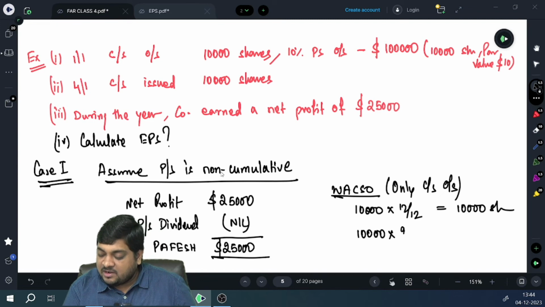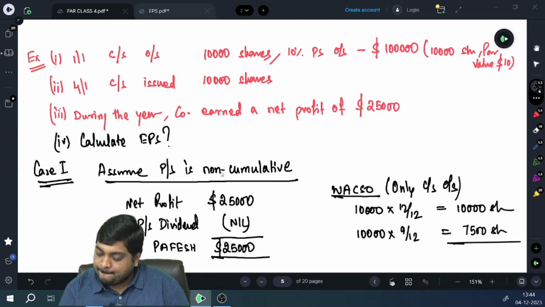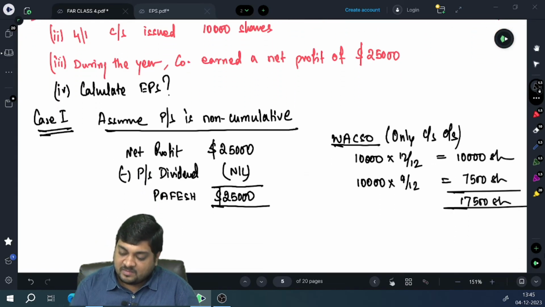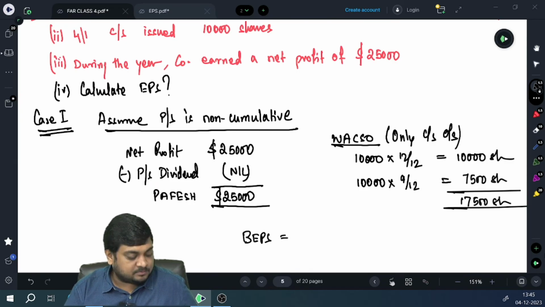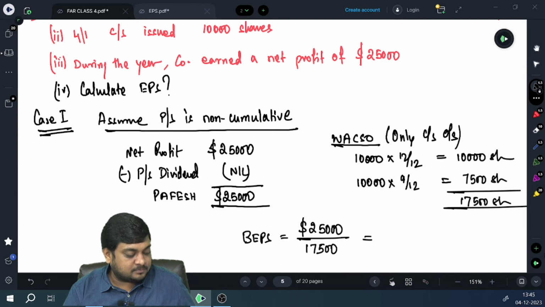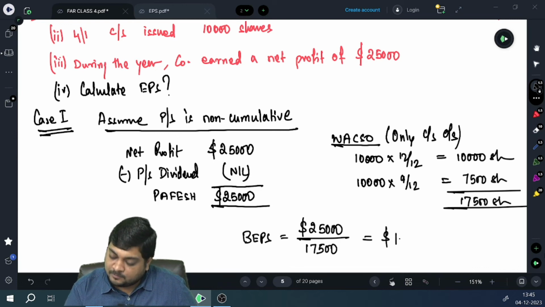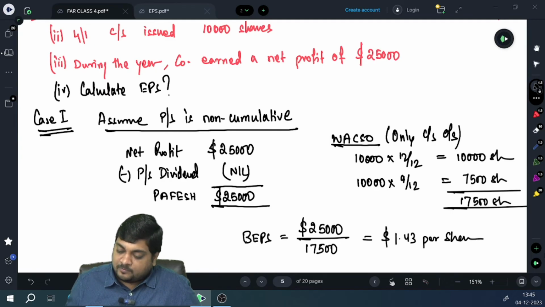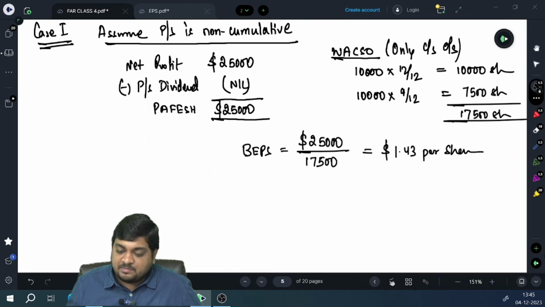Then another 10,000 is for 9 months. Basic earning per share is equals to... right. This is very simple.